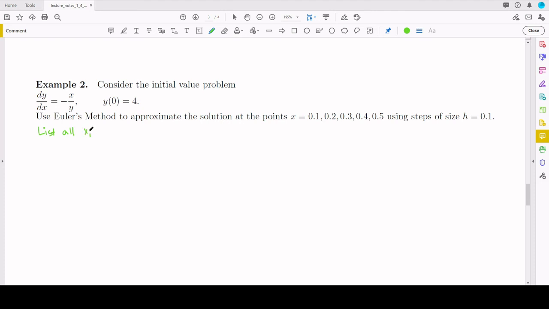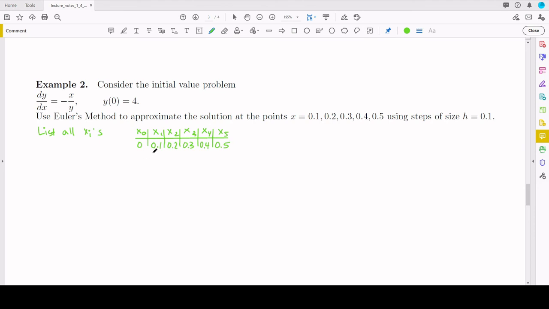So we start by listing all x_i's. We have x0, x1, x2, x3, x4, and then x5. x0 is our initial value, and so that's 0. x1 is 0.1, x2 is 0.2, x3 is 0.3, x4 is 0.4, and then x5 is 0.5.